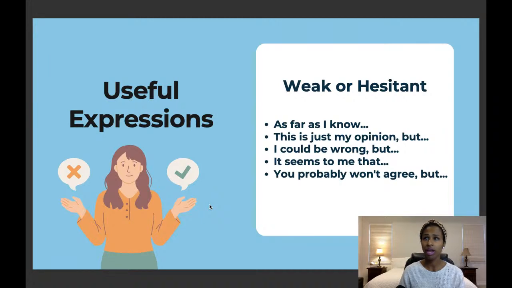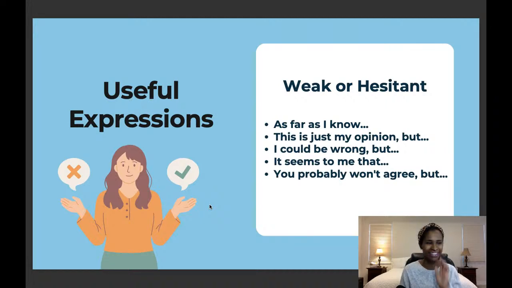Mom: It seems to me that we need a place with three bathrooms. Dad: I'm not sure about that. Mom: As far as I'm concerned, the kids need their own bathrooms. Dad: Okay, maybe you're right.